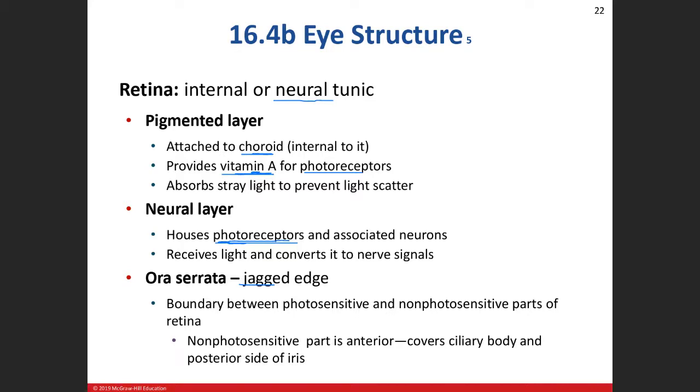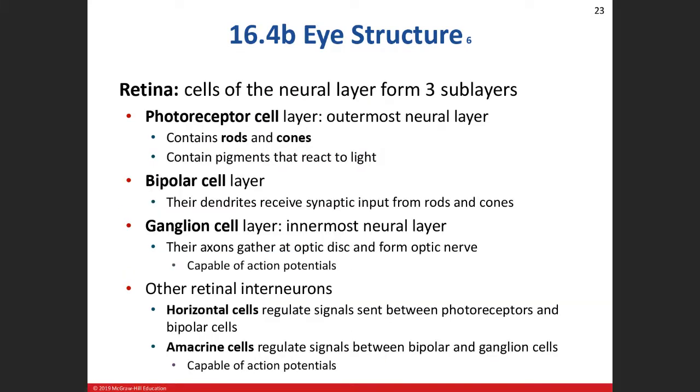And then finally, the ora serrata is in the surrounding areas where we don't have photoreceptors. It's closer to the front, near the ciliary bodies. It's just this jagged-like edge, and there's not going to be any physiological importance to that region.